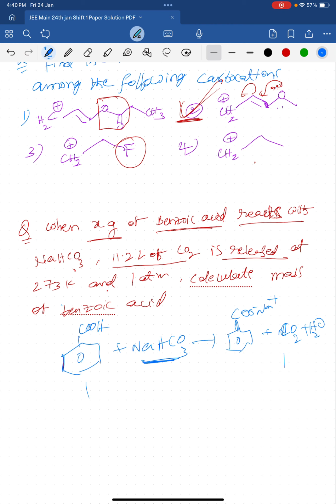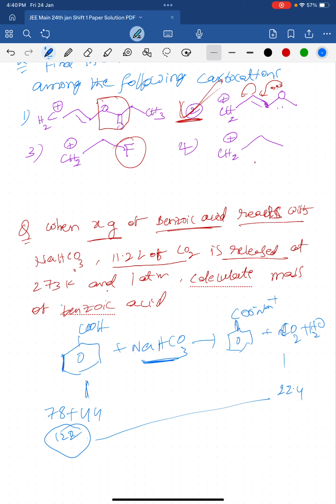Understood? What is the question asking? 1 mole will give 1 mole. Benzoic acid mass: how much? Its mass is about 122 grams. If I treat 122 grams, I get 22.4 liters.